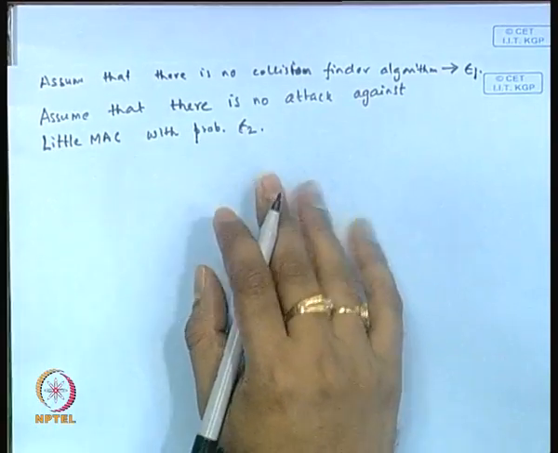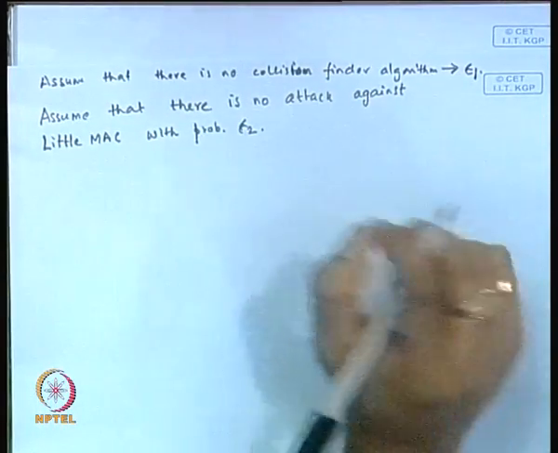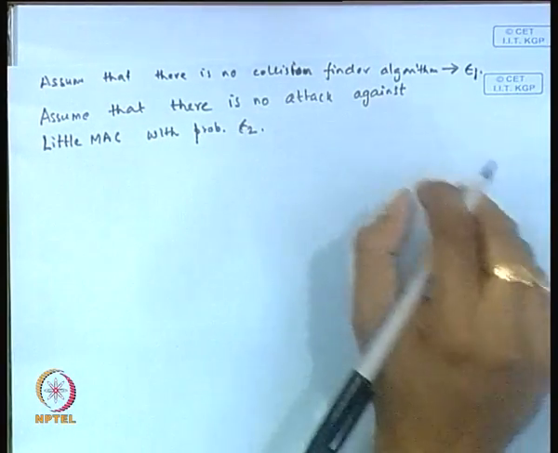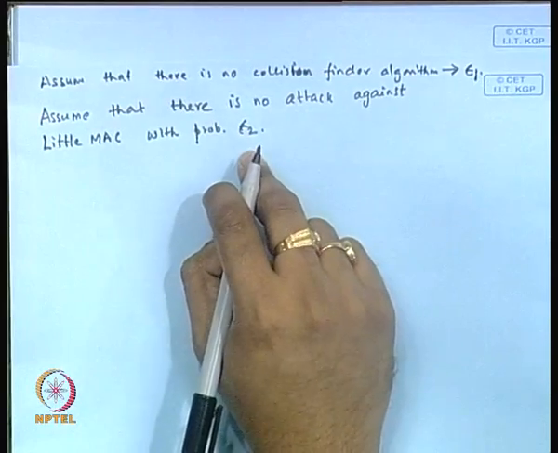So assume that there are no such algorithms with probability of epsilon 1 and with probability of epsilon 2.